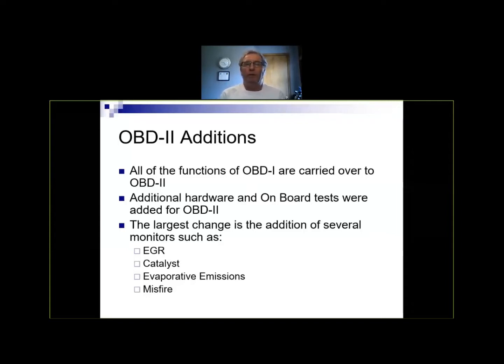Additional hardware such as a fuel tank pressure sensor, for example, to enable the evap monitor, a vent solenoid for that same thing, and oxygen sensors behind the catalytic converters were added to enable the catalyst monitor, etc. The biggest change was the addition of monitors such as the EGR monitor, catalyst monitor, evaporative emissions monitor, and misfire monitor.